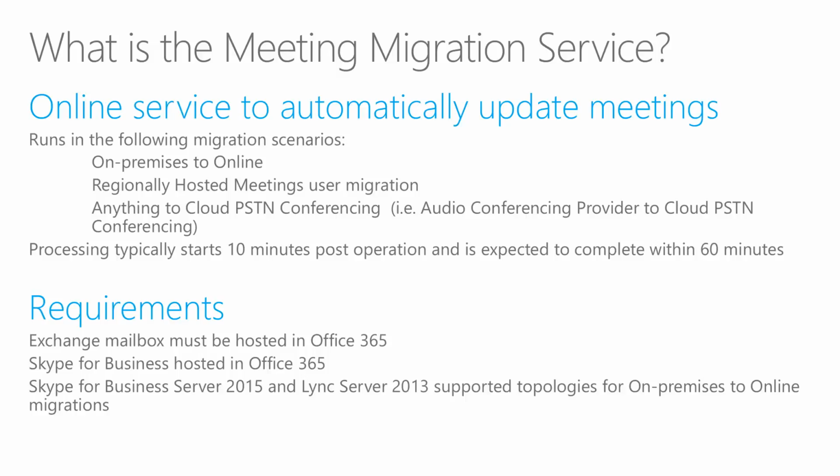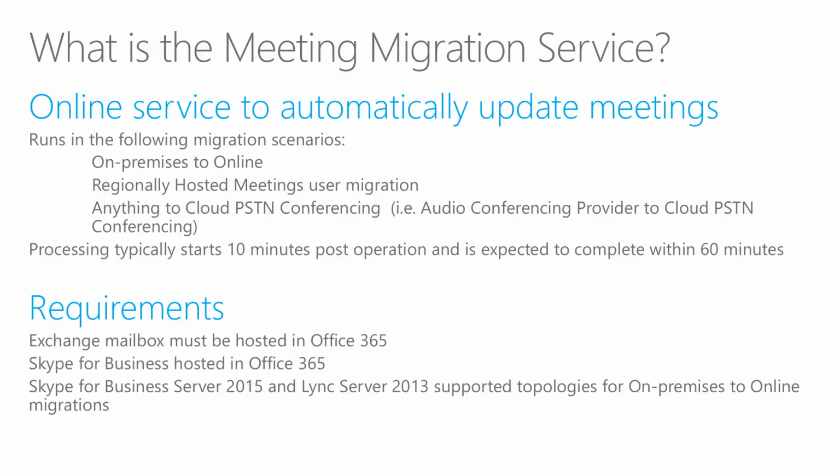Typically, this process will start about 10 minutes after the admin operation has happened, and the time it takes to execute can really vary based upon the number of users that have been changed and the number of meetings that they have. However, we target that when you are making these changes, we expect the meeting migration service process to finish on all of those users who have been enabled or migrated within 60 minutes.